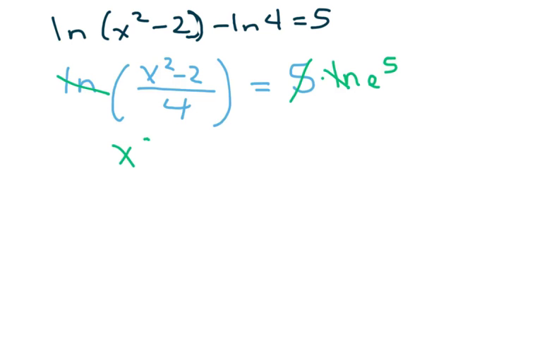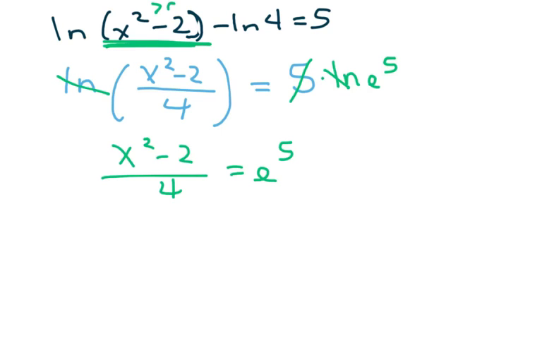We have x squared minus 2 over 4 equals e to the 5th. Now just looking at this, I have to know what my domain is. This part in here has to be greater than 0. So x has to be greater than square root of 2. Do you see why?